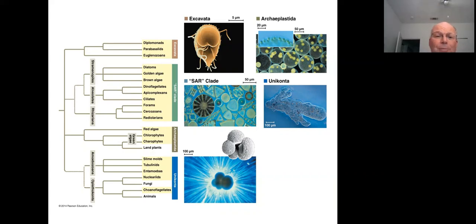And the reason why is because this clade has been formed by merging together two previously existing clades called the chromalveolata and the rhizaria. Now, within this clade, you still have the rhizaria as a separate group, but we've broken out the members of chromalveolata into two groups, alveolates and stramenopiles.